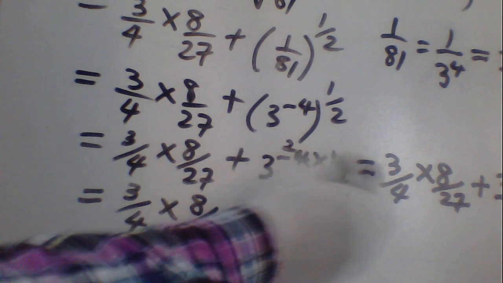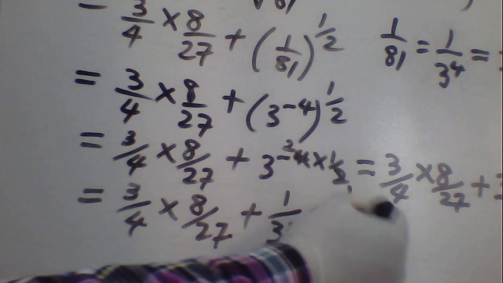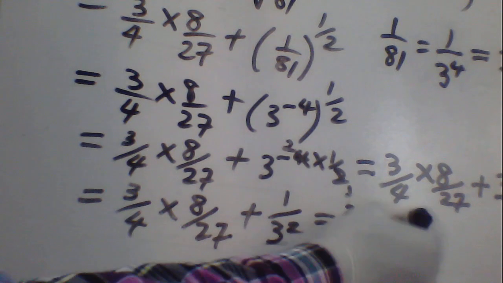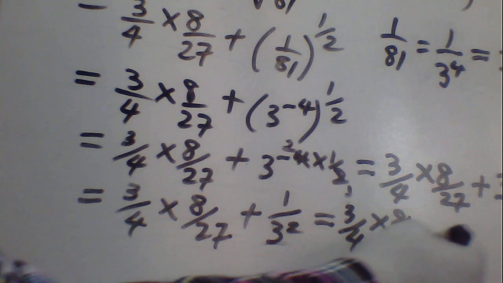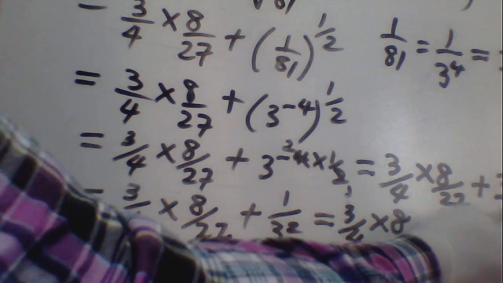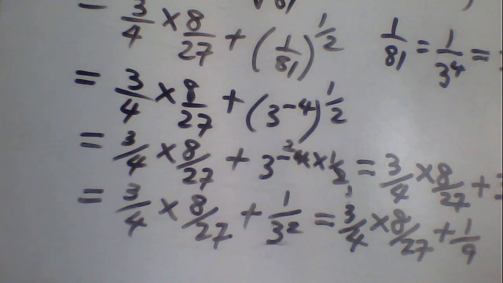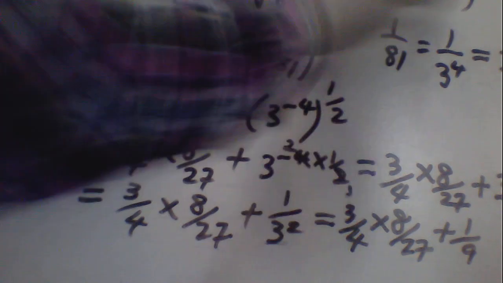So from here you have 3 over 4 times 8 over 27 plus 1 over 9. I hope you are following. So let's bring it up. I can clean here.